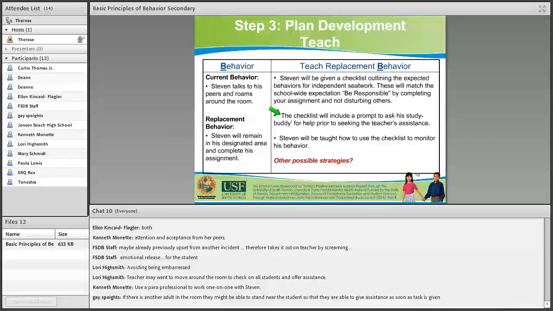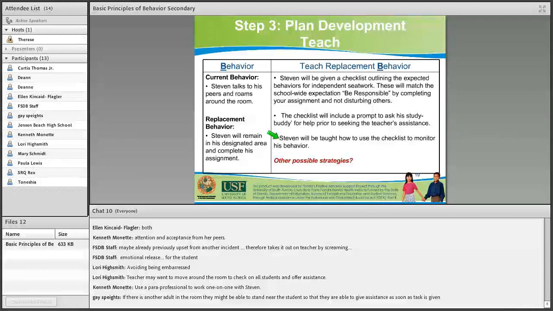So maybe this is a situation where the teacher doesn't have a lot of help in her room. She has a lot of students with questions, and so one of the steps we need to teach Stephen is to go to a designated person to get help before wandering around the room to track down the teacher. And then what we're teaching Stephen is how to use that checklist to monitor his own behavior.